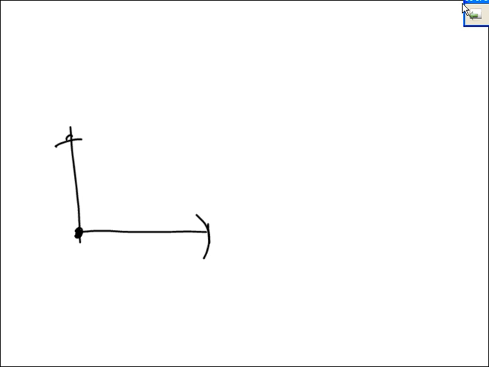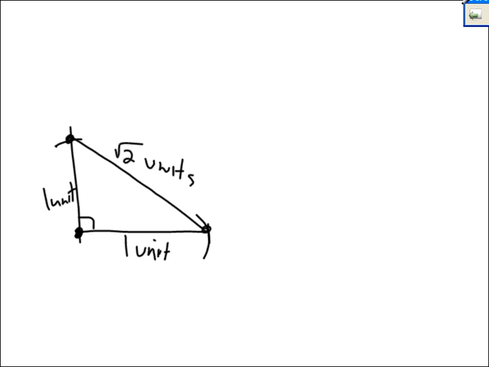Using my straight edge, I can connect this. But if this is 1 unit, and this is a right angle, because we drew it perpendicular, Pythagoras will tell us that that length is square root of 2 units. I can draw a line square root of 2 units.